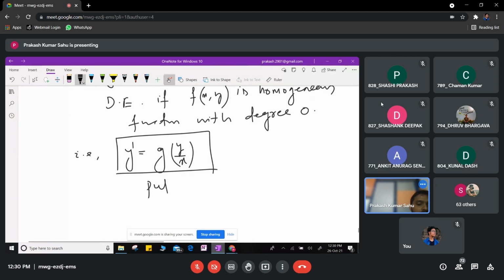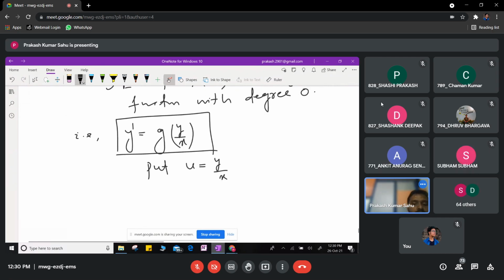Then substitute u is equal to y by x. If you substitute u is equal to y by x, that means y is equal to ux, and that implies dy by dx is equal to u plus x du by dx.